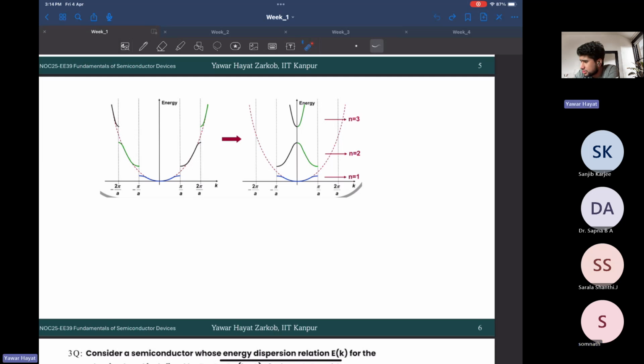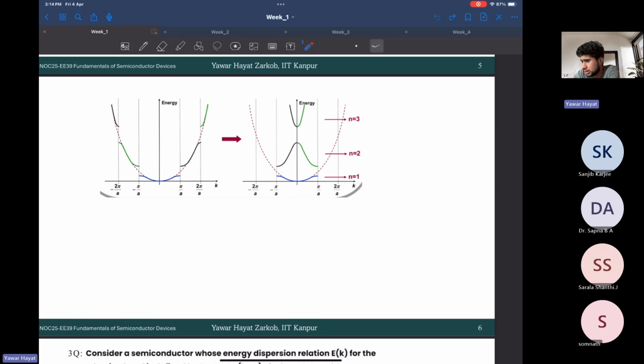In the lecture videos it was told that we consider only the first Brillouin zone for our calculation simplicity, as well as the maximum allocation will stay in that particular location.